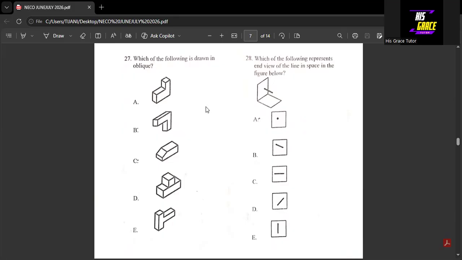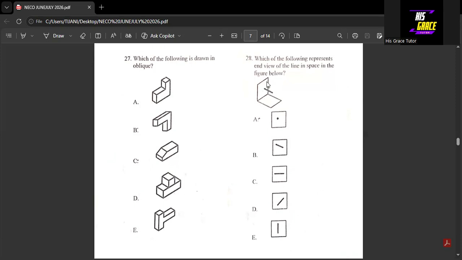Then question 28 says, which of the following represents the end view of a line in space in the figure below? Looking at what we have here, we have the vertical plane, the horizontal plane, and this line. The front view of this line will be a dot, and that's what we have at A. So A is not the right answer.